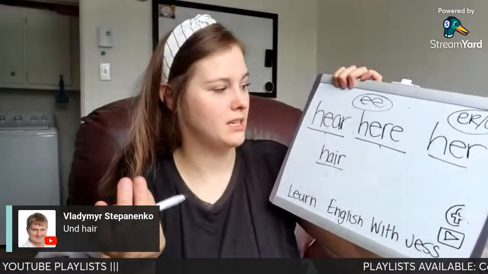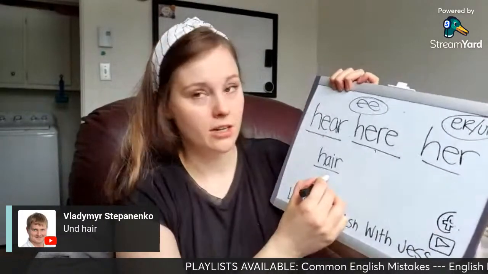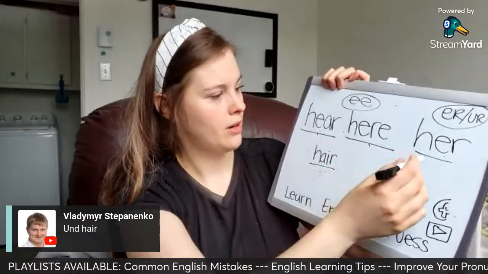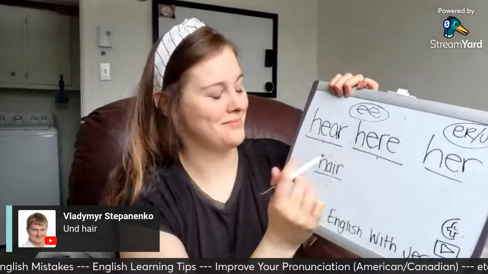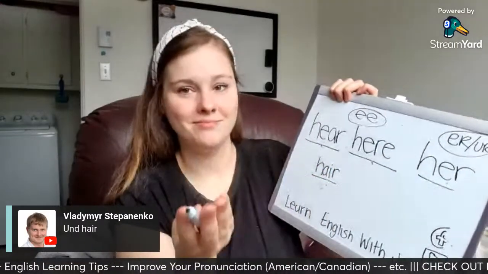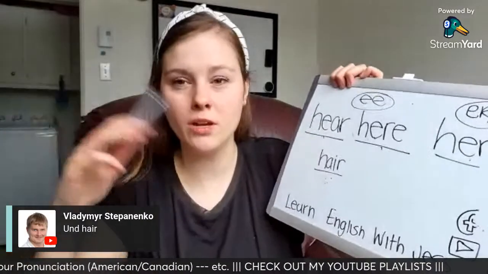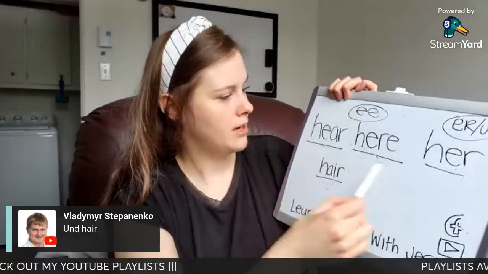Here is my hair. You can repeat. Did you look at her hair? Her hair is here. And if you want to rewatch this, Vladimir, it's 56 minutes, so you can watch later. But here, her hair.